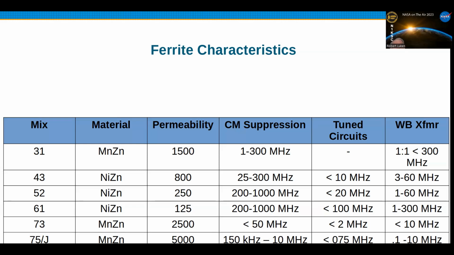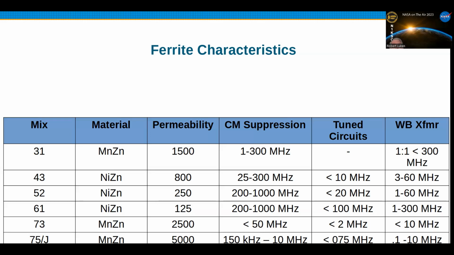Some of the others are much narrower. You get down into 52, 61, they're for higher frequencies. They don't do the lower frequencies. 73 is typically low frequencies. I'm not familiar with the 75J, but again, it's fairly low end of HF and below.